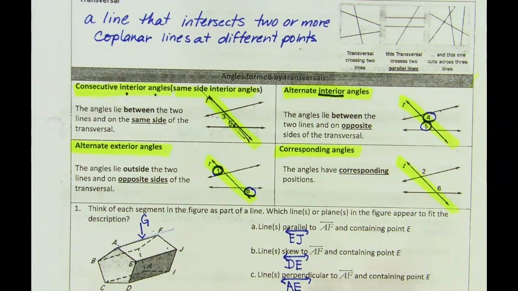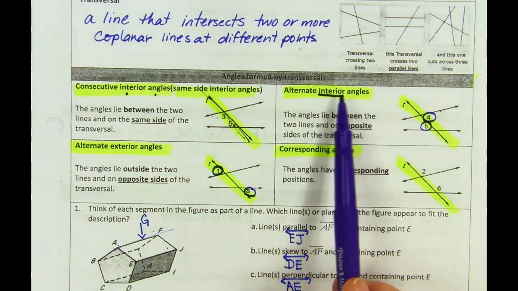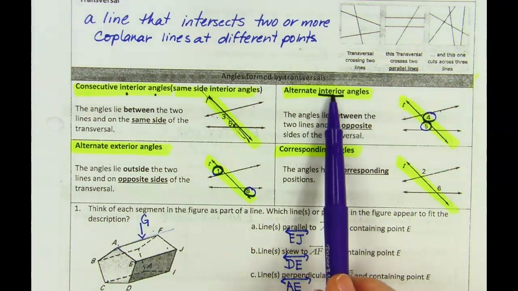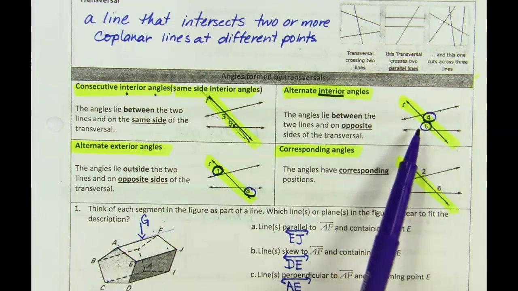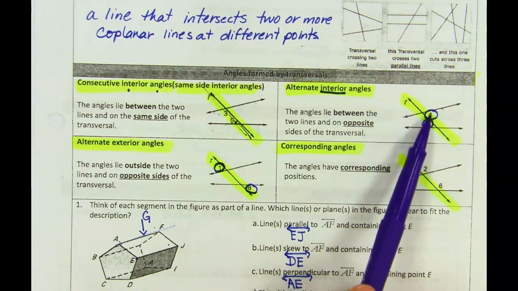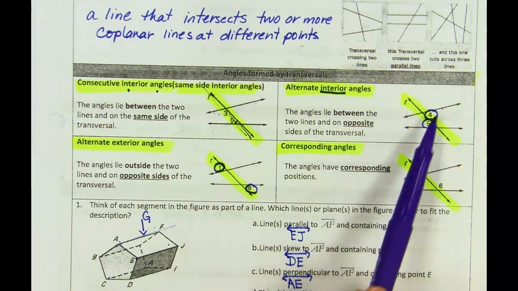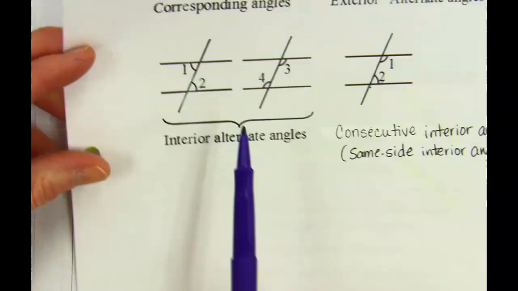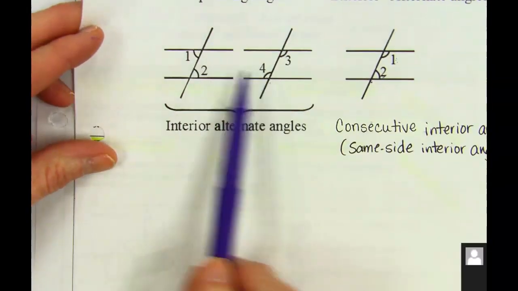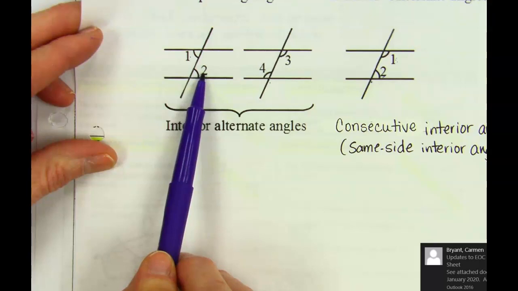Now, alternate interior angles, you need to focus on the word interior. That means they're going to be inside, but they're alternating. So the angles that lie between the two lines on opposite sides of the transversal, they are inside but alternating. So here is an example of this one. These are interior, inside, okay?